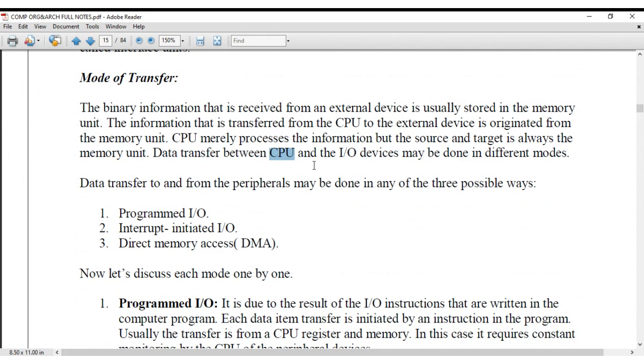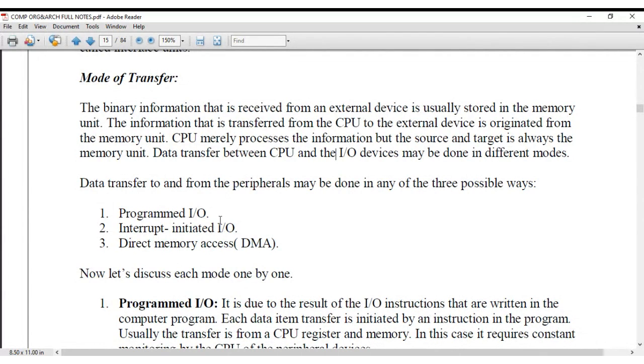Or how is information that comes from the CPU able to go to the monitor for your viewing, or to the speaker for your hearing, or to the printer for printing? How are data bits, binary information, moved around in the computer system?